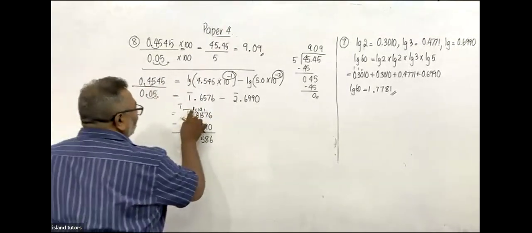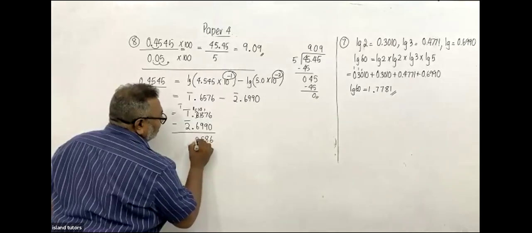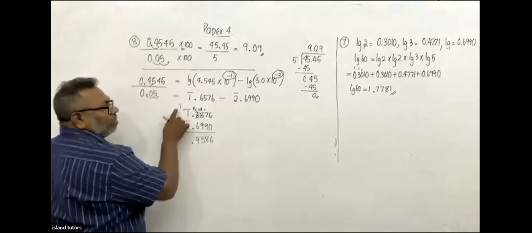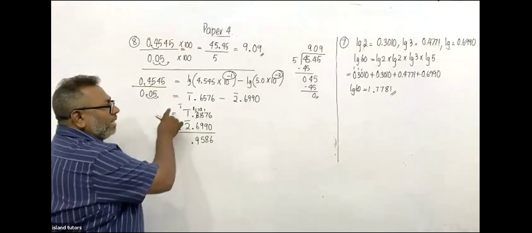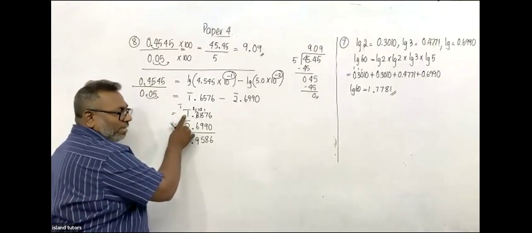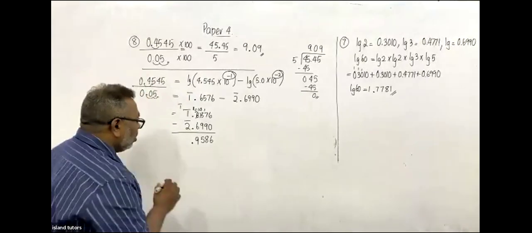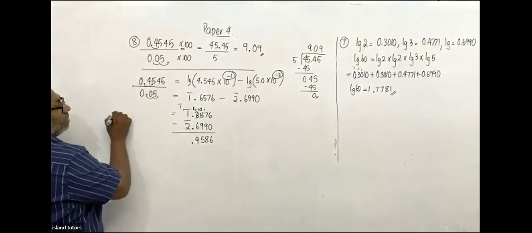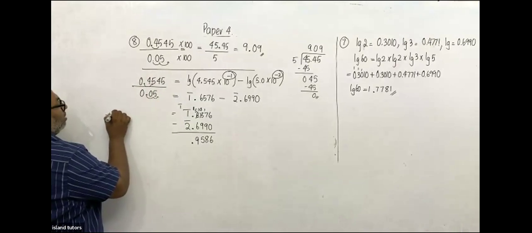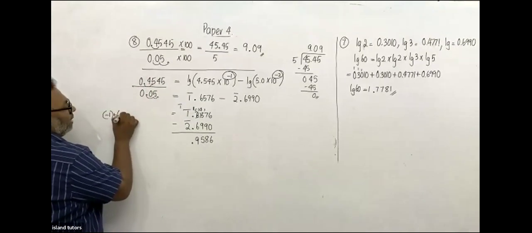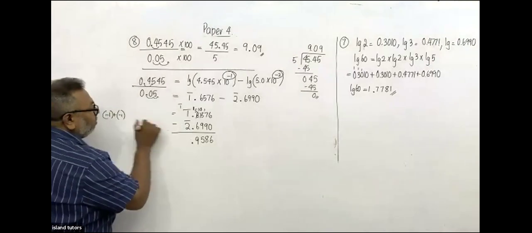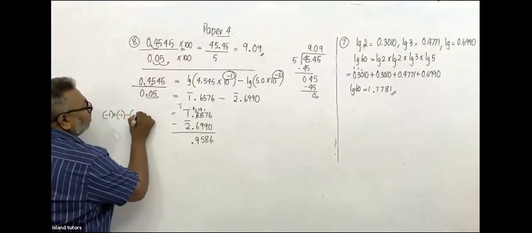Okay. So once you have got this one, 15 minus 6 is 9. Now you have -1 plus -1. Okay. -1 plus -1. Normal direct numbers. -1 plus -1 minus -2.